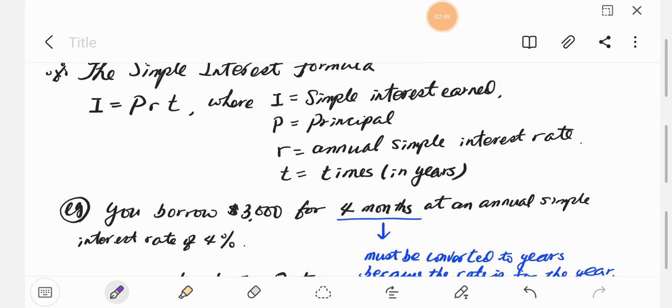So every year the principal will be the original principal amount. Let's say the annual interest rate is 10%, and you deposit 1,000. After 1 year, the interest will be 100, since 10% of 1,000 is 100.